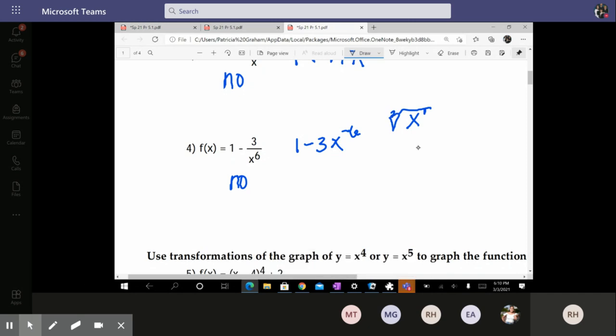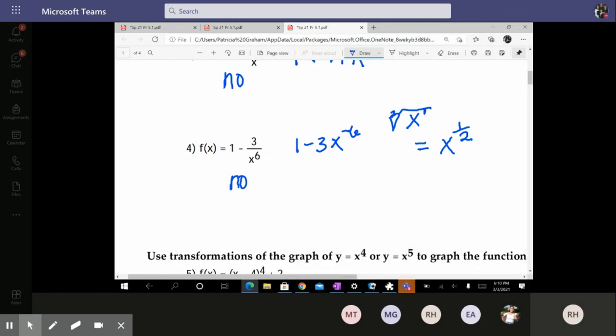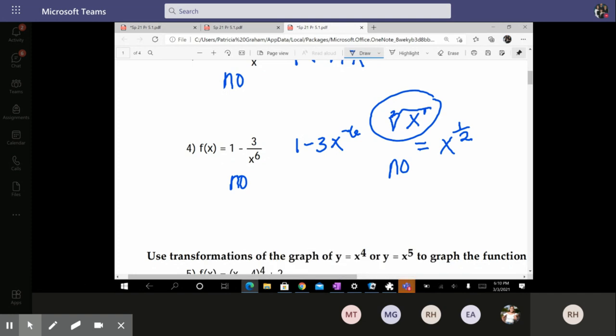So this is also written as x to the 1/2. So that's not an integer. So anytime you see one under a radical symbol, you're going to say, no, that's not a polynomial. Okay? No negative exponents, no fractional exponents. That makes sense, guys? All right.